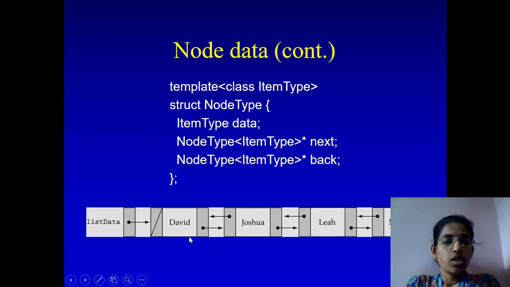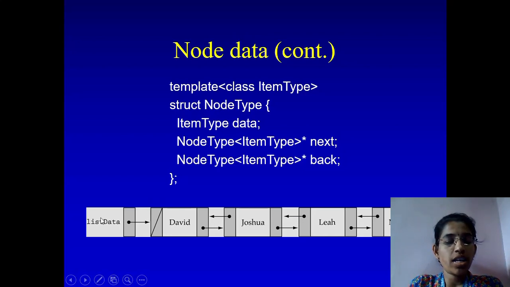My first data is David, the second is Joshua, the third is Lekha, and the last is Meera. Here each node has only one data item, and the nodes are connected on both the front and back side.